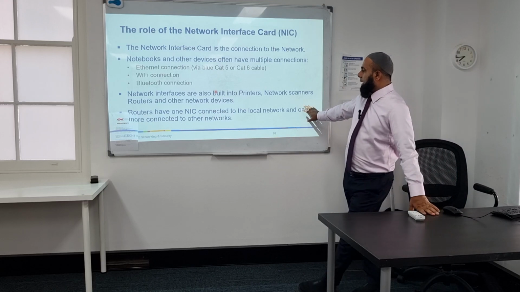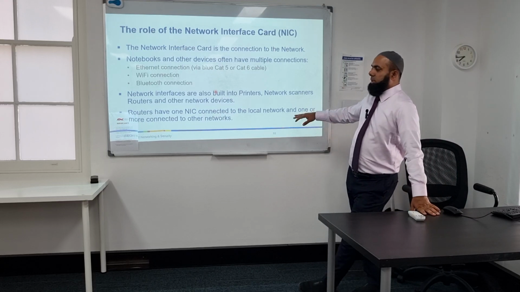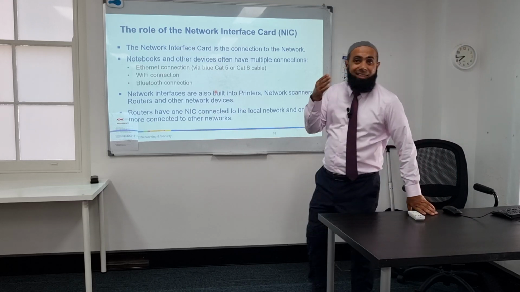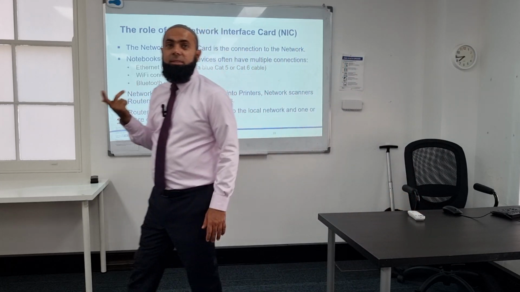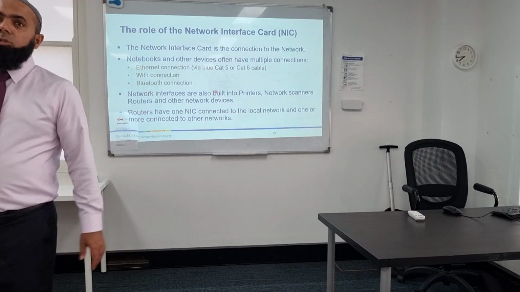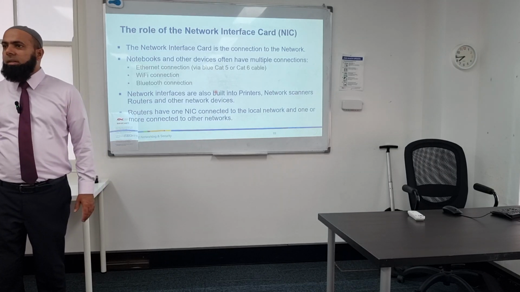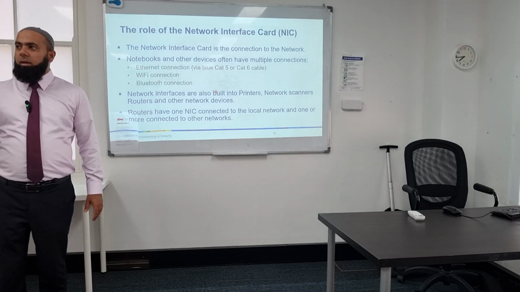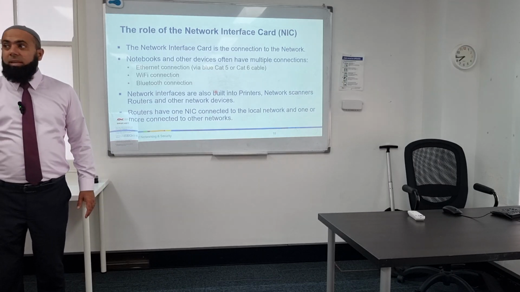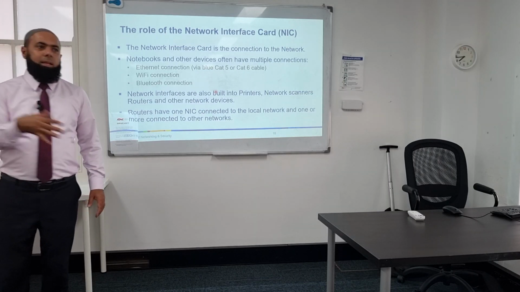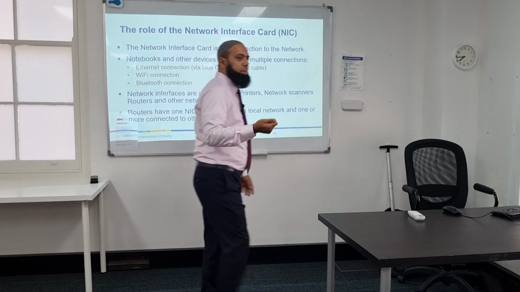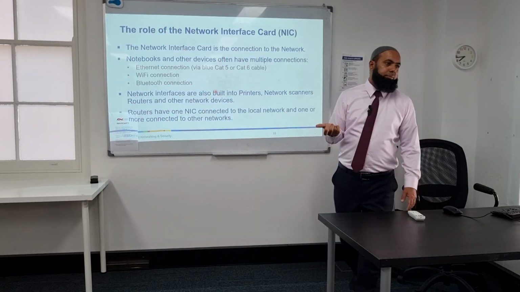Routers have one NIC connected to the local network and one on the other network. We know that routers always have at least how many IP addresses? Two. So it is obvious that whenever a NIC card is there, the system has an IP address. If a system is without a NIC, I can't connect it to the internet. Simple.